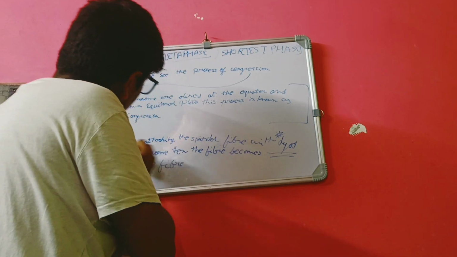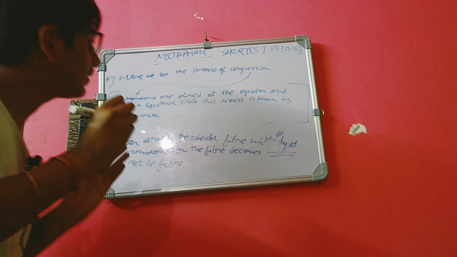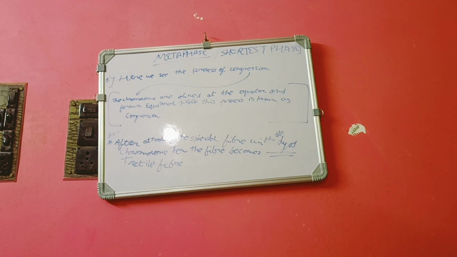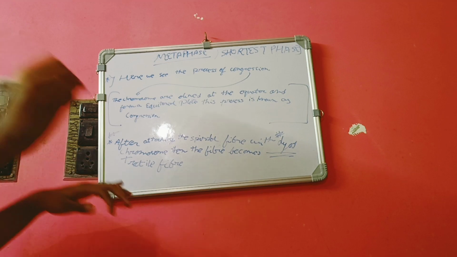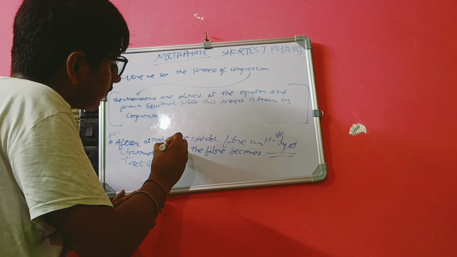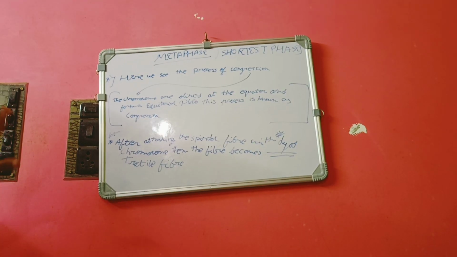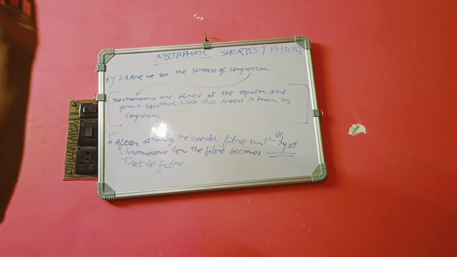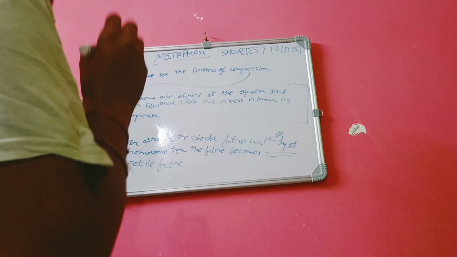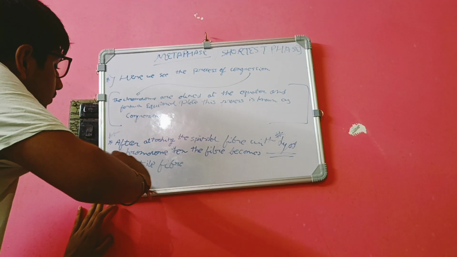Okay, hope it is clear to you all that after attaching the spindle fiber with a diad chromosome, then the fiber becomes a kinetochore fiber. Then it is no longer a spindle fiber because it is called a kinetochore fiber.